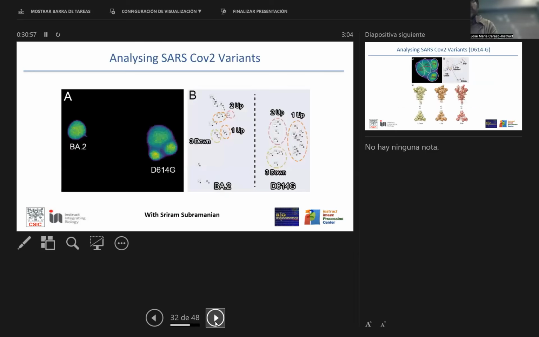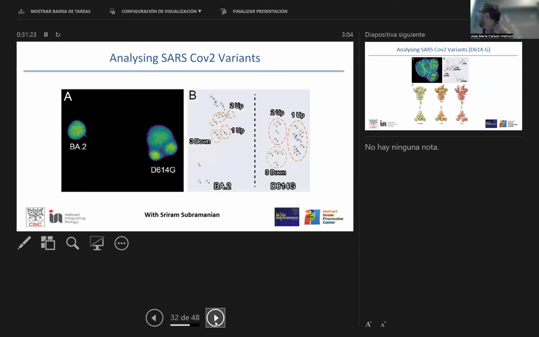Just to give you an idea of how it is working, it's a collaboration with Sriram Subramaniam analyzing a number of strains of SARS-CoV-2. Here what you have is probably 1 million images, 1 million points. And you see in conformational space what happened with BA.2 and what happened with one of the very early viruses.